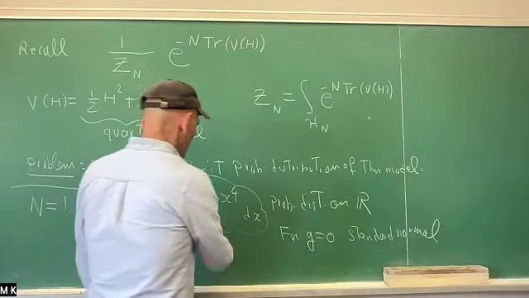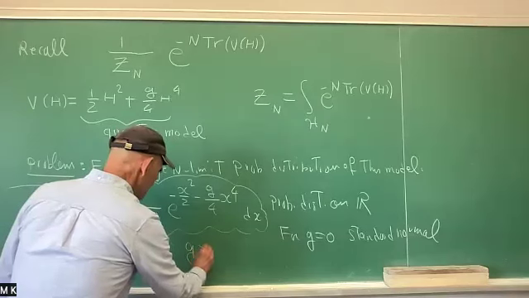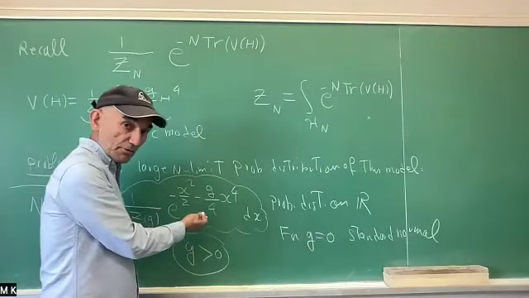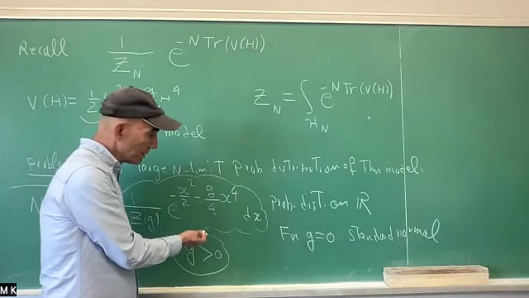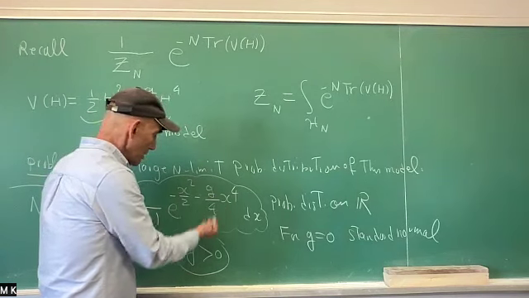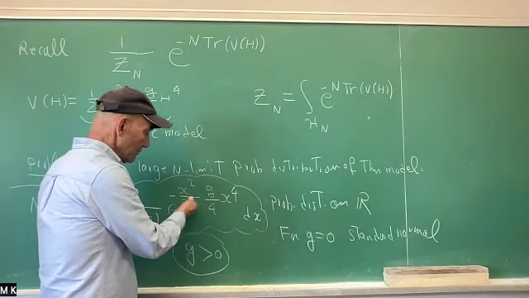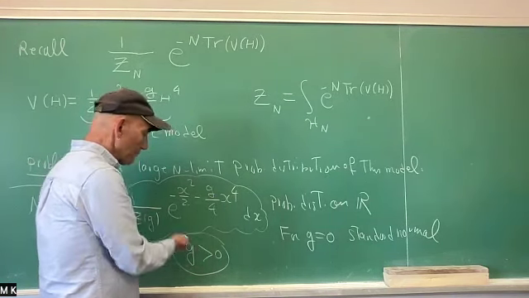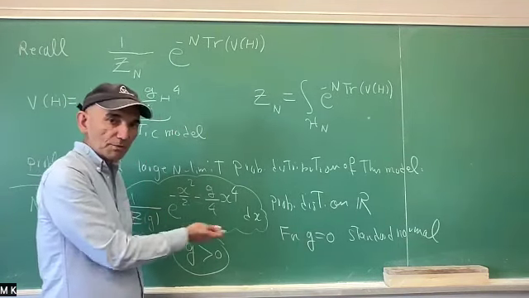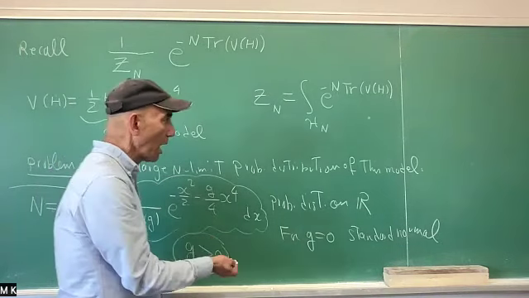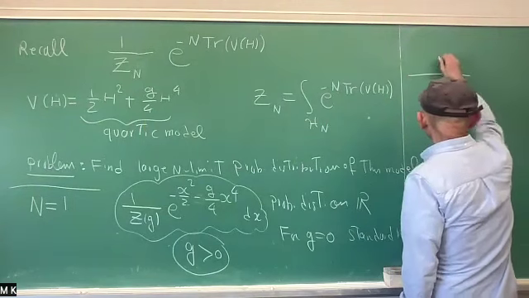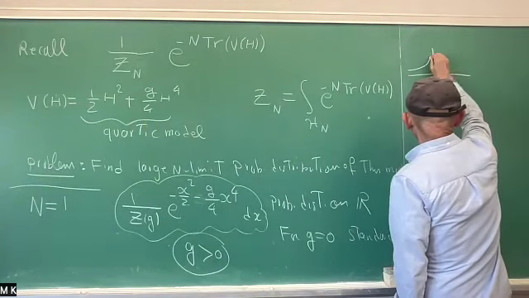But for G positive, this integral is still convergent, even better, because the integrand goes to 0 much faster now. So for G positive, this is a probability distribution, and we want to get an idea of the shape of it. How does it look? For G equal to 0, we have a standard normal.